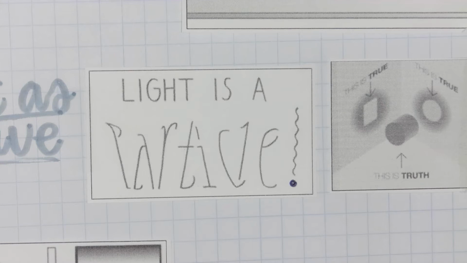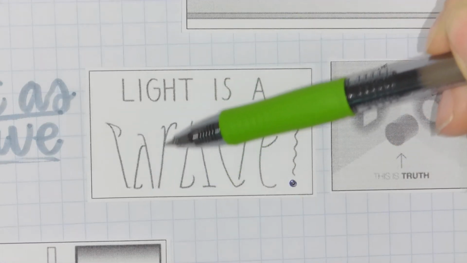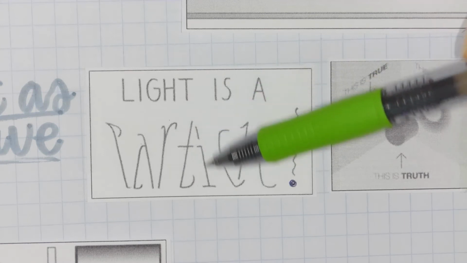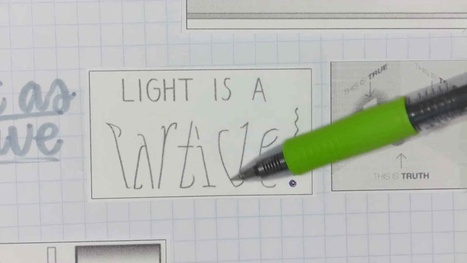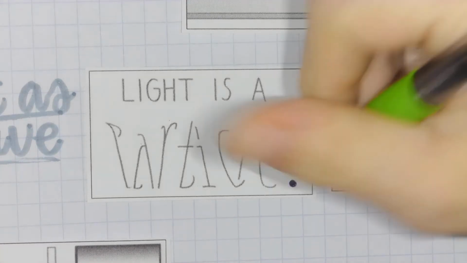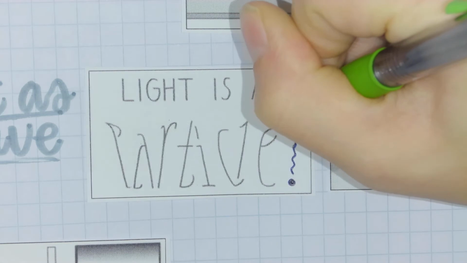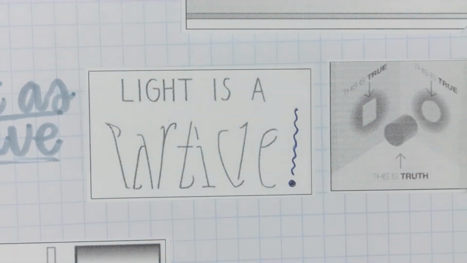But you could also look at it this way. Light is A. Here's the W, A, V, E. Light is a wave, and then the exclamation mark has both the particle and the wave in it.